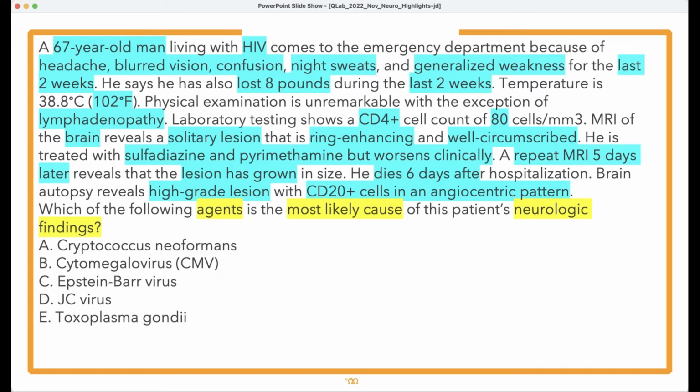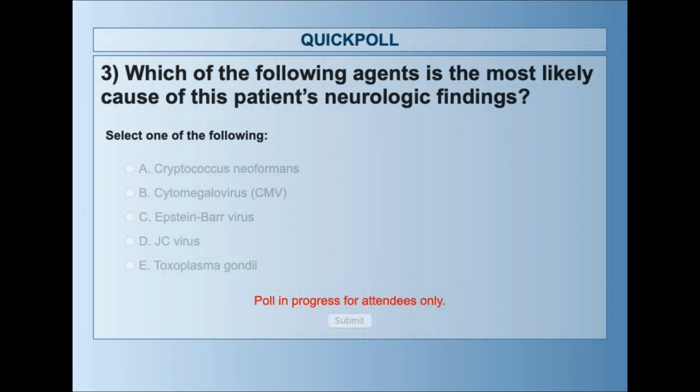So once again, we're going to go ahead and open up that poll. Go ahead and select what you think is the best answer here, and we'll talk about it in just a few seconds. Okay, so this is one of those kind of blockbuster questions. You get hit with all kinds of information that you need to be able to quickly sift and sort.